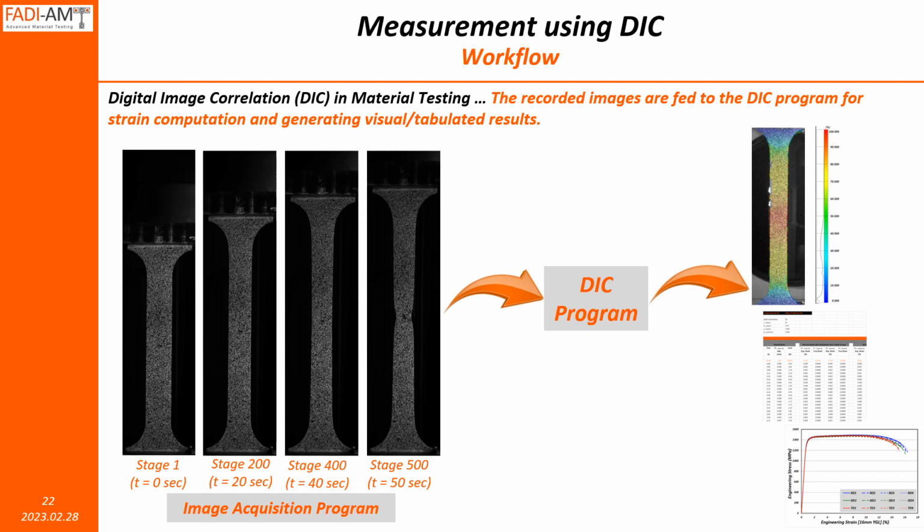Now these acquired images are used by a DIC program, and this DIC program spits out a full field strain contour and other tabulated data that can be used. Now we would like to understand how this DIC program is actually working.